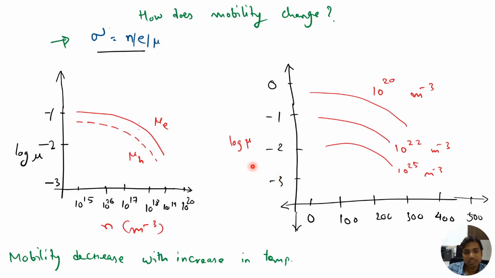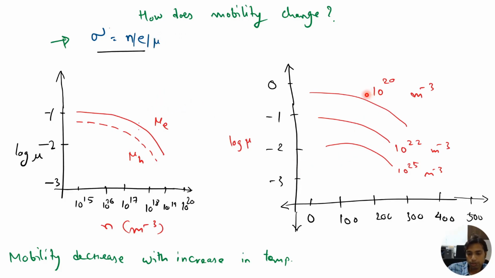But if you increase the temperature, the number density of electrons will increase. Mu is decreasing, but the number density is increasing, and the increase of number density is so much that sigma will increase. Overall this product will increase in spite of mu decreasing.